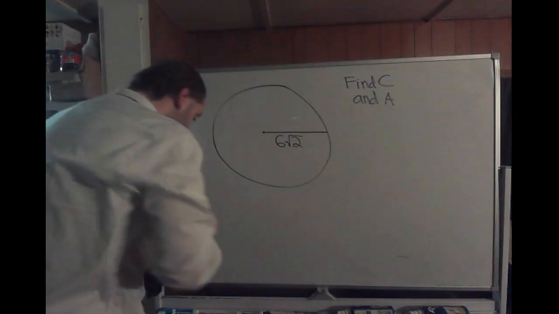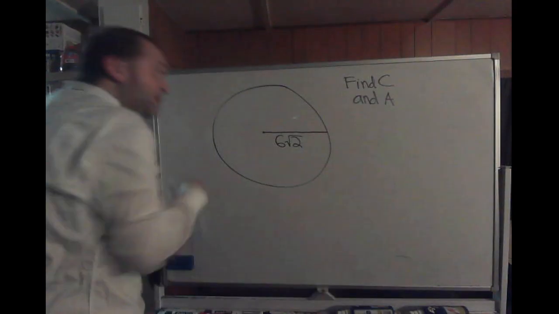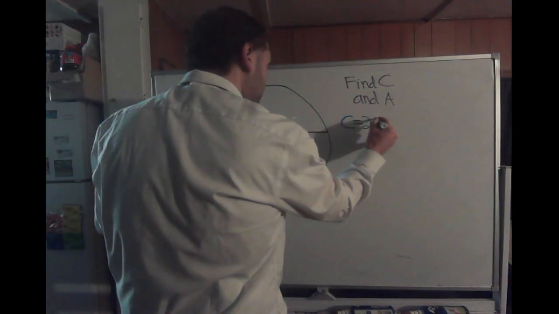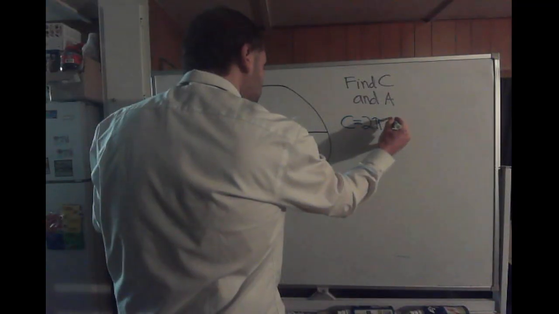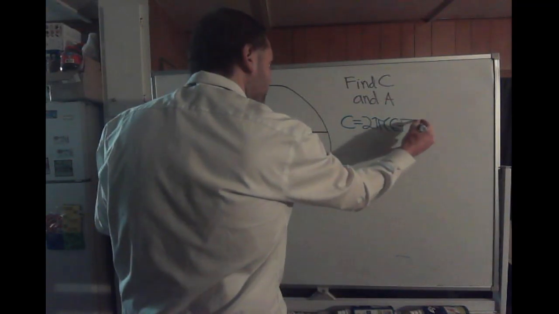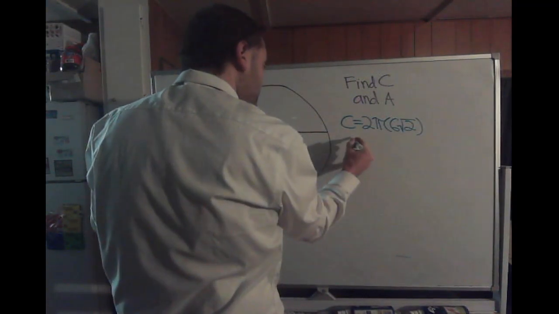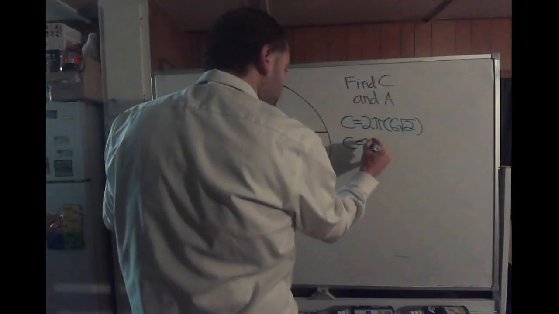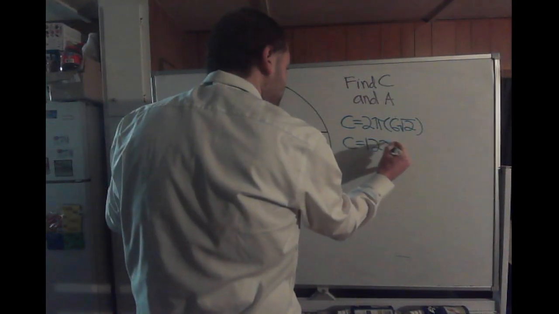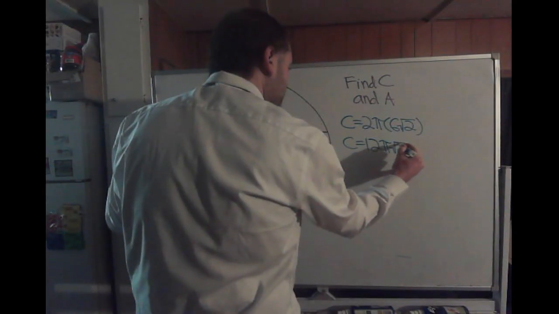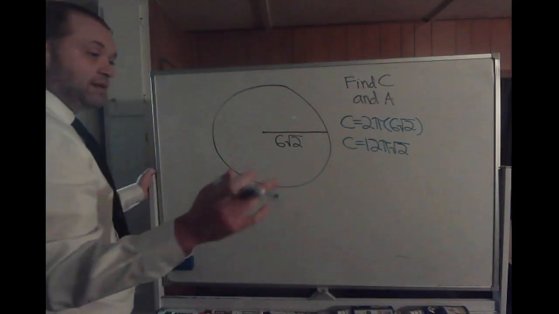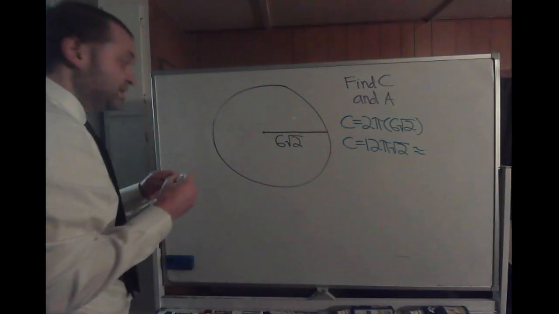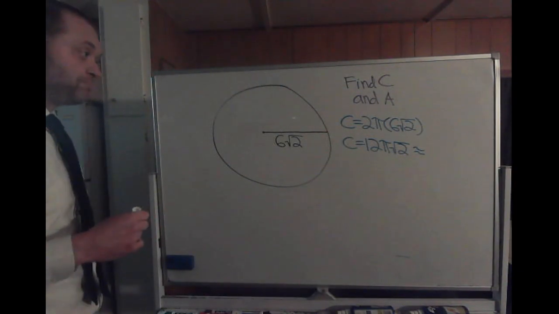So, of course, let's start out finding our circumference. The circumference would be equal to 2 pi times 6 times the square root of 2, which means the exact answer for this is going to be 12 pi times the square root of 2 units. 12 pi times the square root of 2, which we'll do a decimal approximation to 1 decimal place.